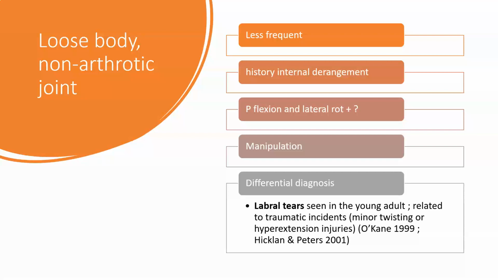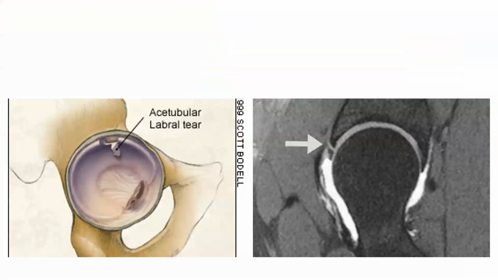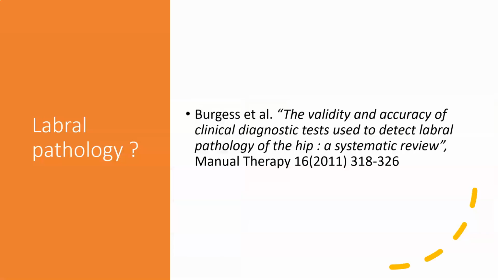But the manipulation you just saw for loose body can also be used in that case, as long as it's not a bony loose body. But this story of internal derangement might be similar to the story of a labral tear. And that's quite important to mention, because these labral tears are not infrequent.